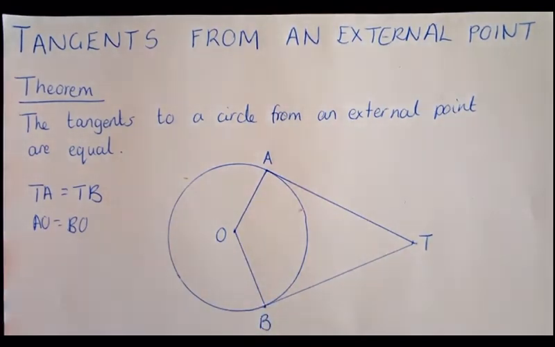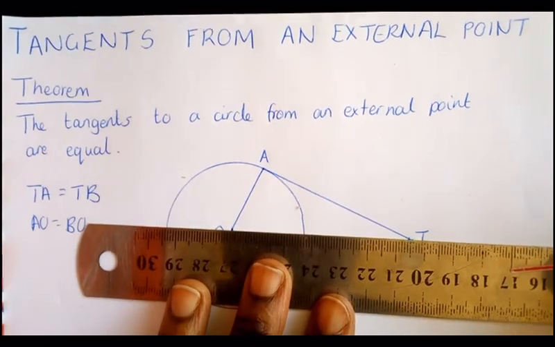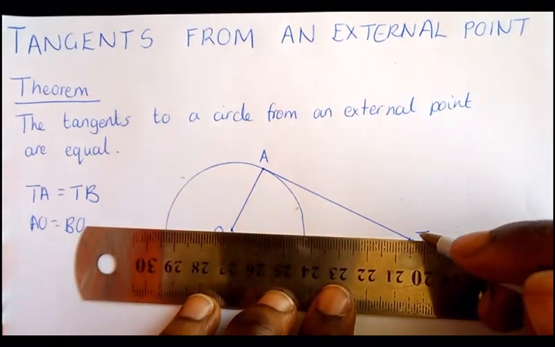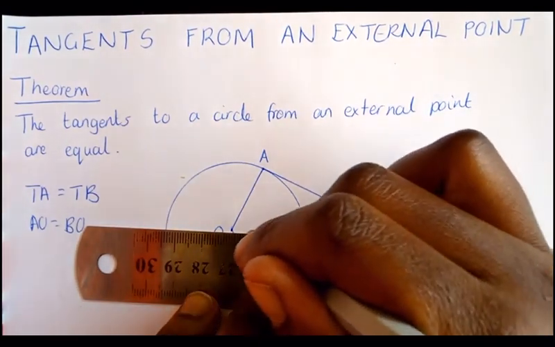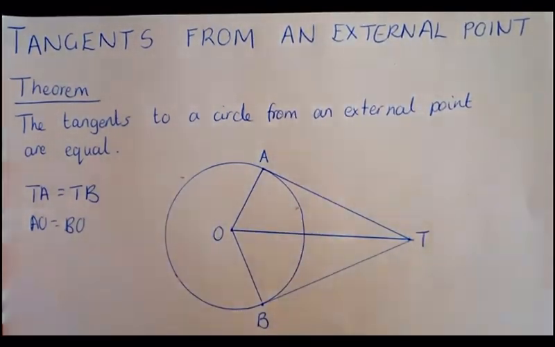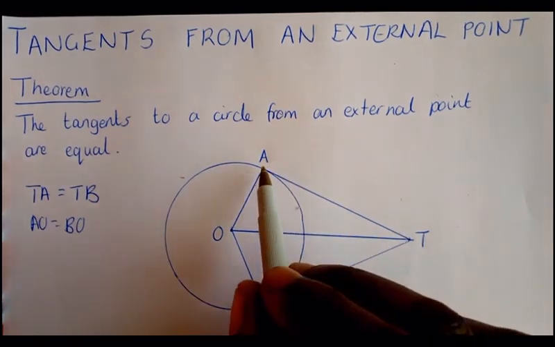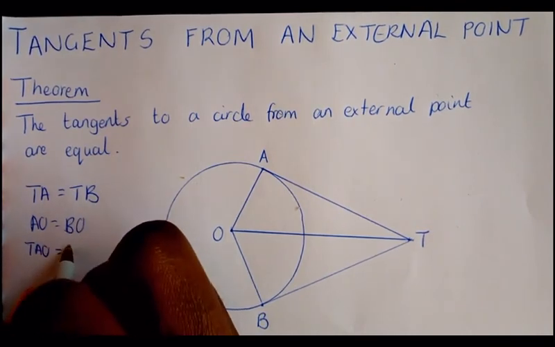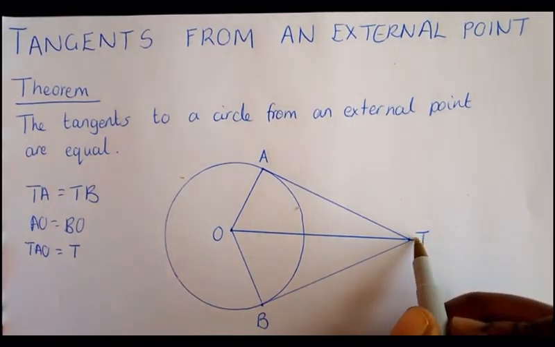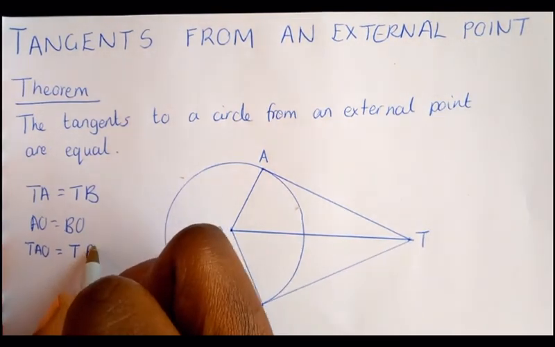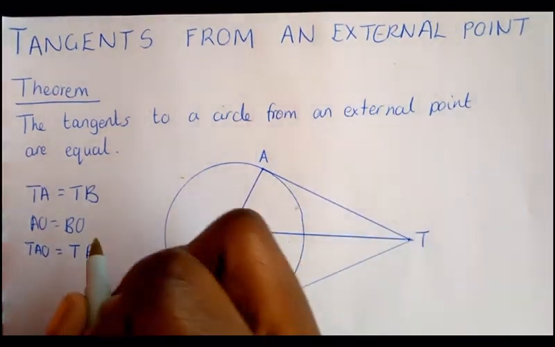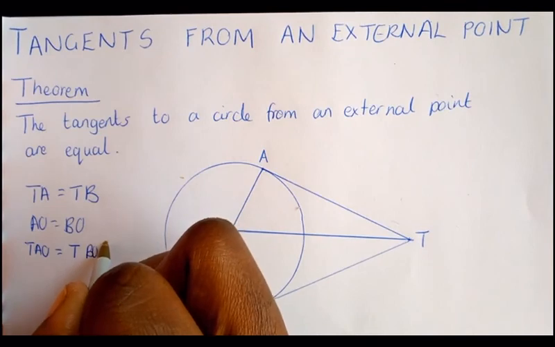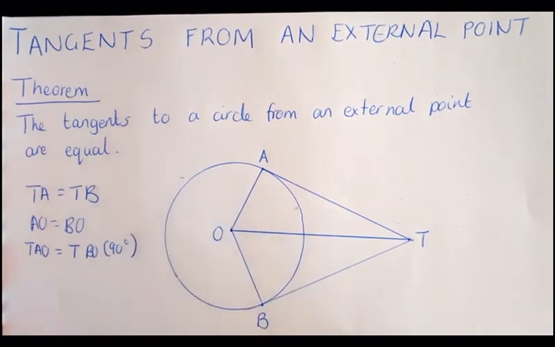So we can also say that TO, like this, bisects this quadrilateral, so it also means that angle TAO is equal to angle TBO since they are both right angles. They are both 90-degree angles.